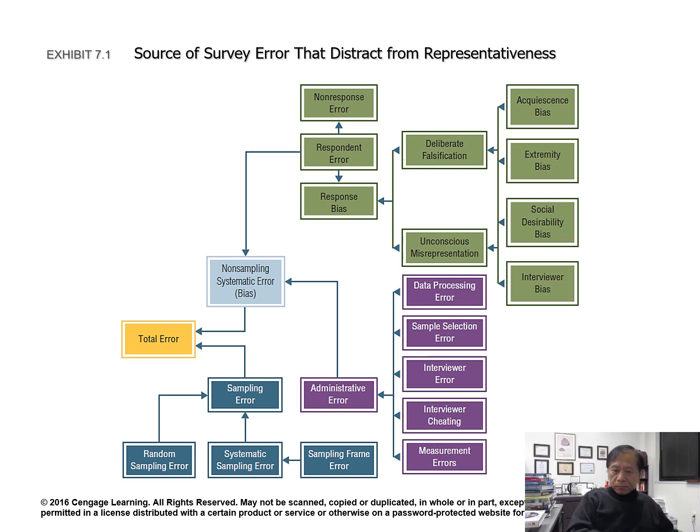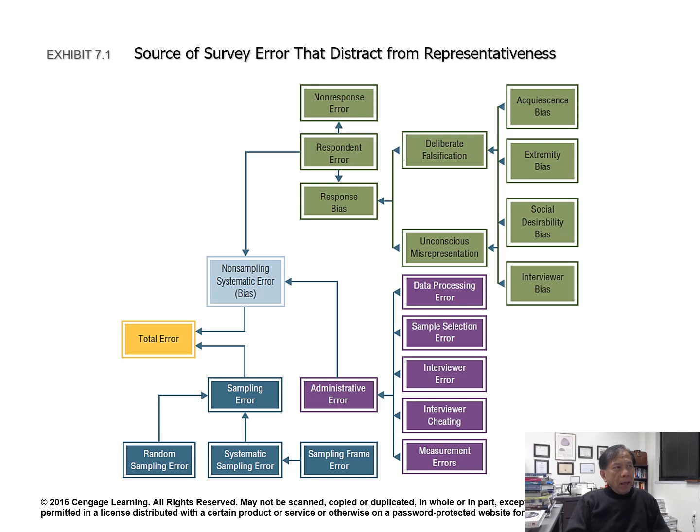So you're introducing error because those people did not respond. That's non-response error. Okay. For those people who did respond, there could be respondent error, right? Error introduced through those people for whatever reasons.